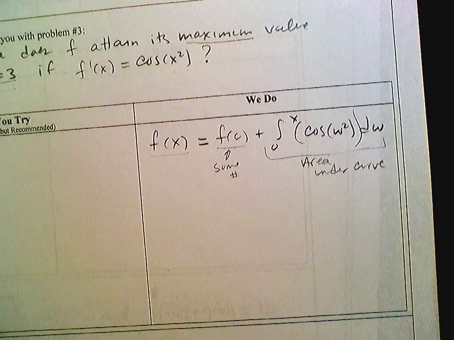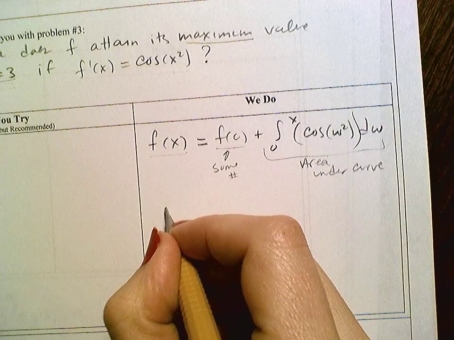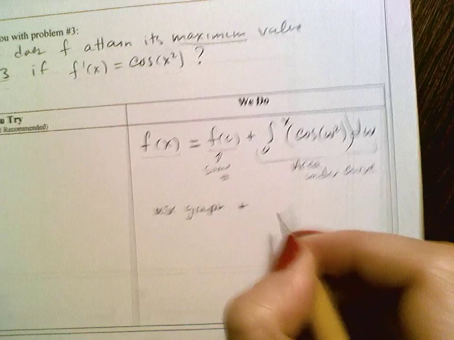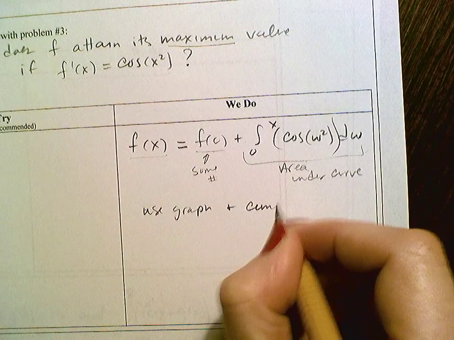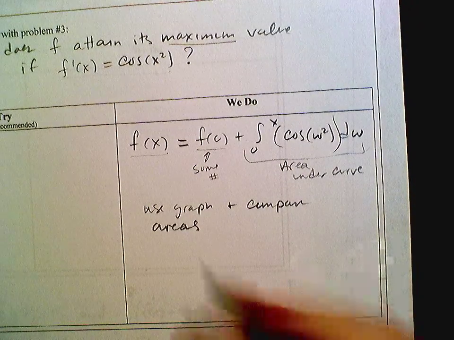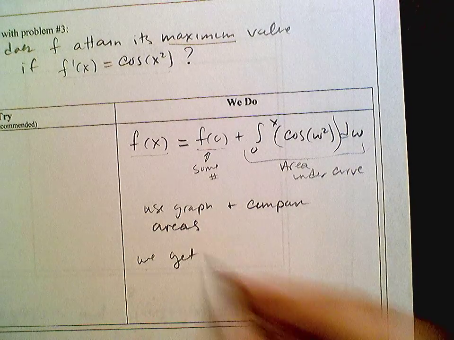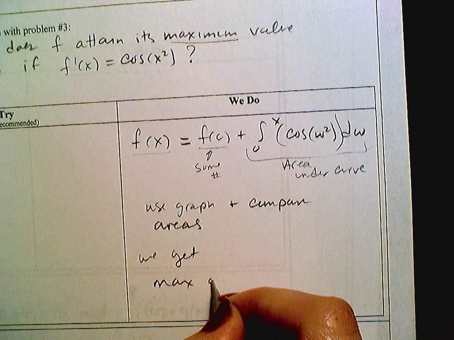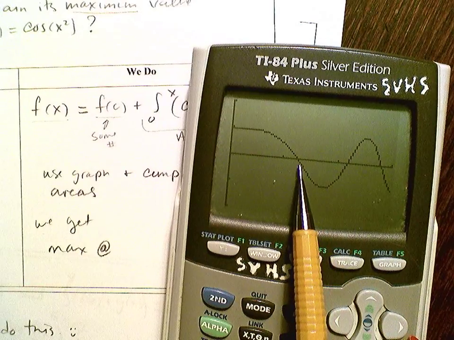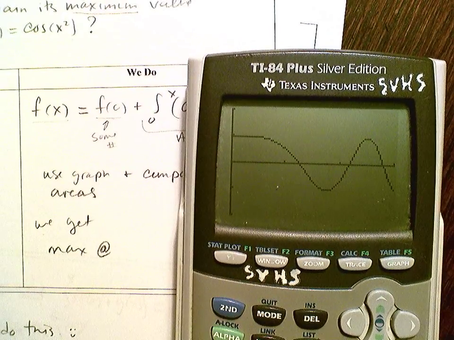Okay, so let's just write for our notes, use graph and compare areas. Okay, and we get max at, okay, so once you realize where your maximum value occurs, which is here, then you've got to find it.